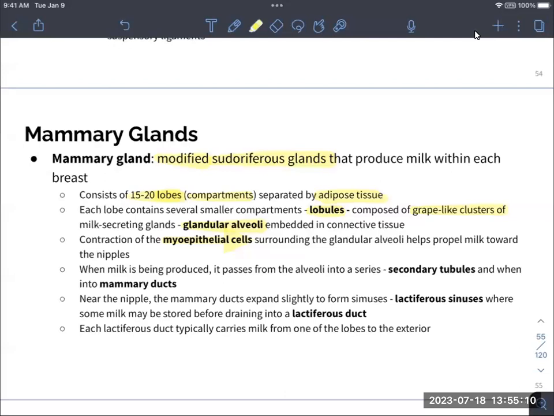These mammary ducts are going to form sinuses that are known as lactiferous sinuses. Milk can be stored in these sinuses until they are drained out of those lactiferous ducts.